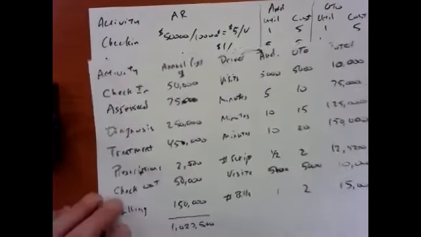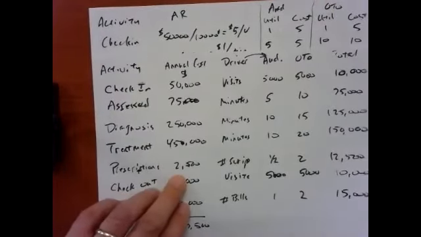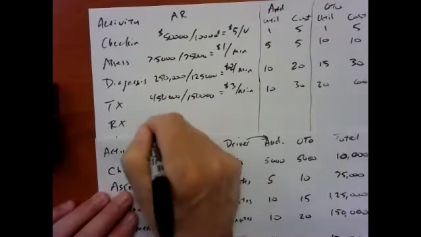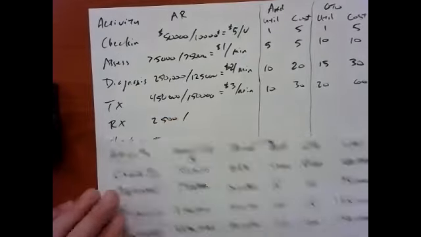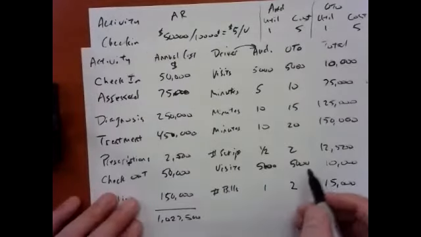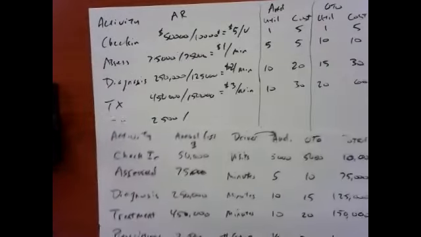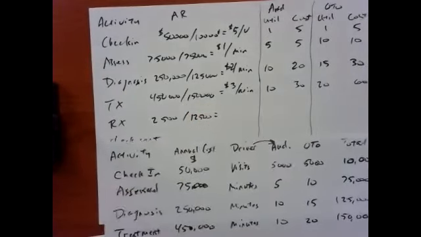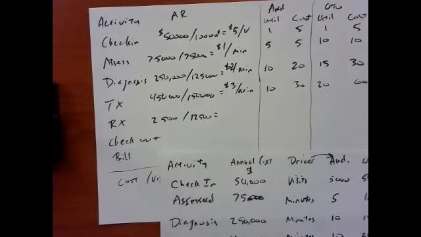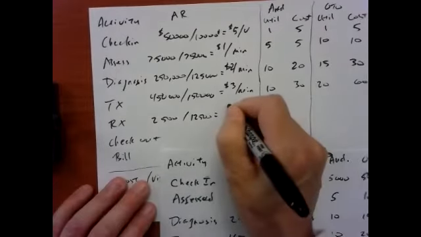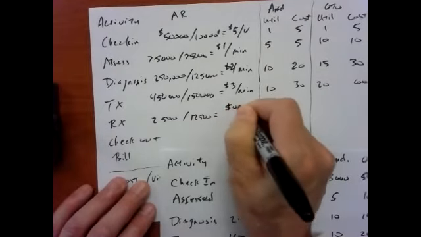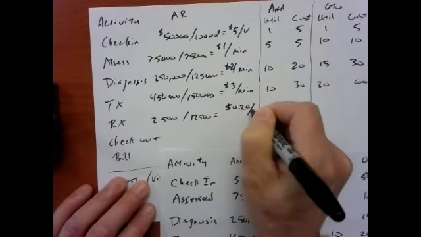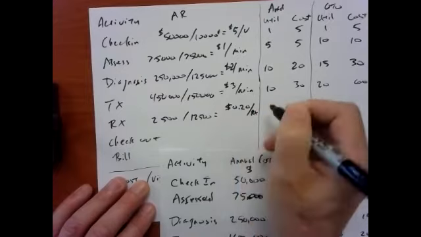For prescriptions, I'm gonna have to bump up and down. Annual cost is $2,500, so that's my cost pool, $2,500. My total driver is 12,500 prescriptions. So 2,500 divided by 12,500 gives us 20 cents per prescription.